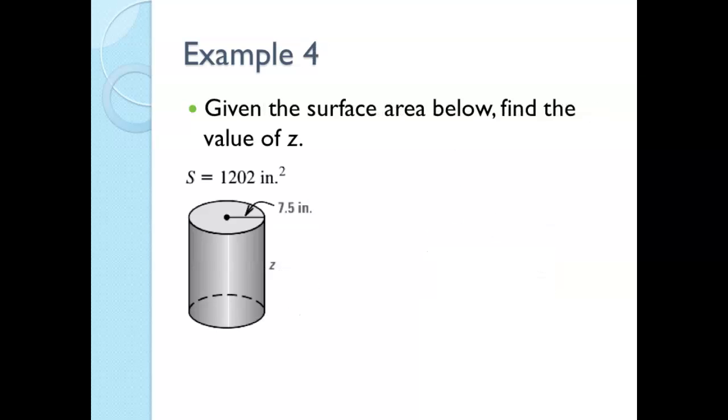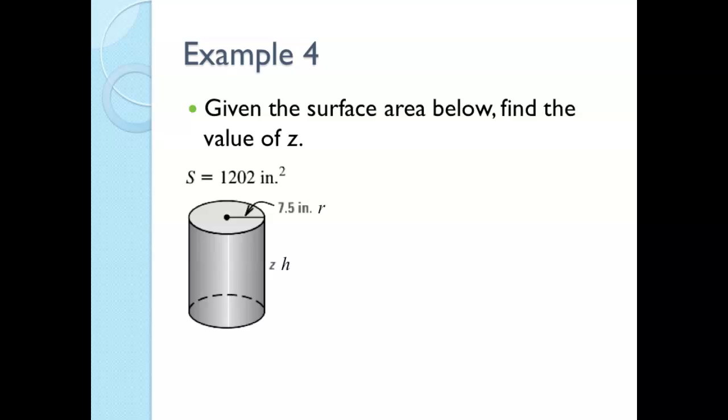All right, example 4. Given the surface area below, find the value of z. All right, so we have the surface area as 1,202 square inches. We have the radius as 7.5, and we have the height, which we're trying to find, is z.